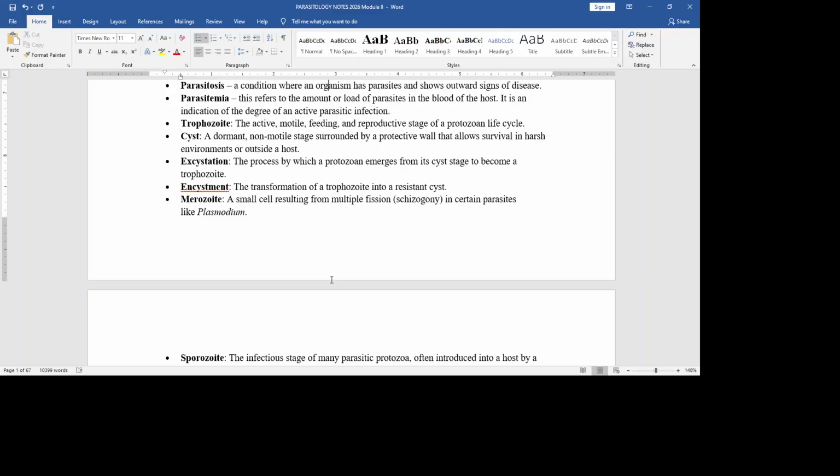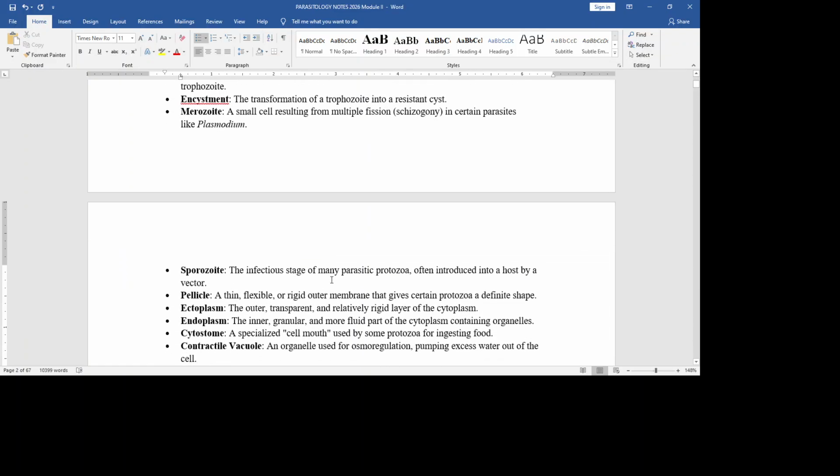So excystation refers to the process by which the protozoan emerges from its cyst stage to become a trophozoite, while encystation, which is the exact opposite of excystation, refers to the transformation of a trophozoite into a resistant cyst.